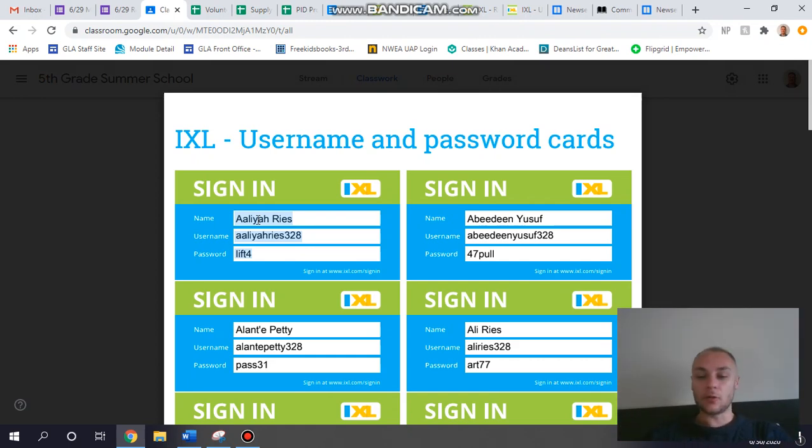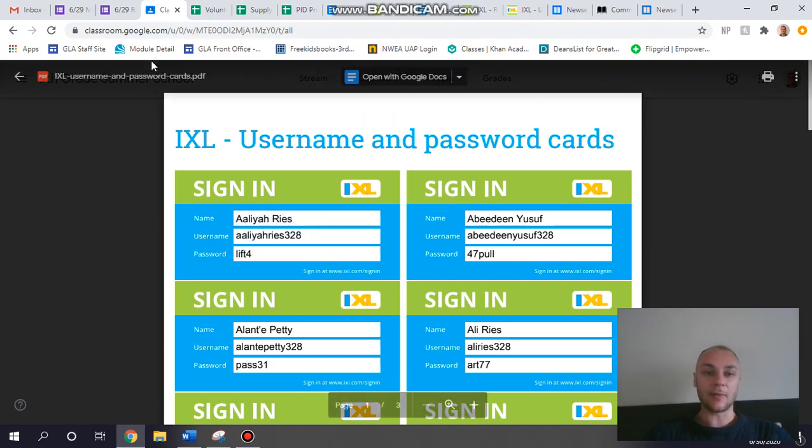I have this little notebook, and I'm going to write down Aaliyah's. I'm going to sign in as Aaliyah, and I will not do her work for her. I just want you to see what it looks like. The username and password are the only things you need to write down.